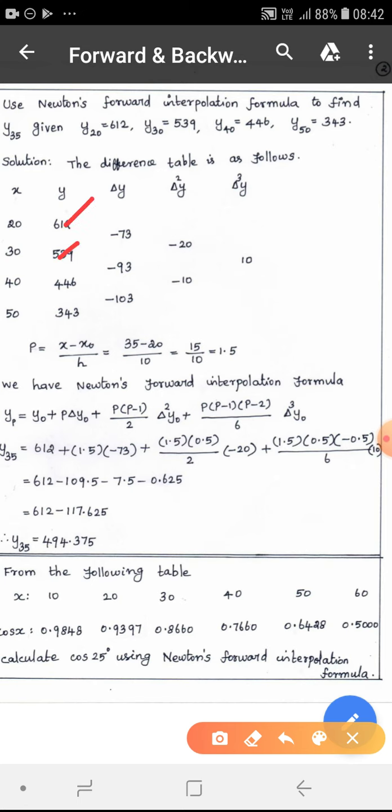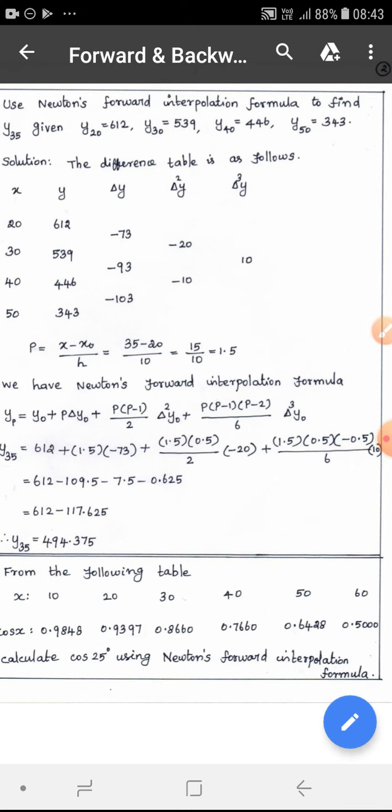So it will be 539 minus 612, which is minus 73. Then 446 minus 539, which is minus 93. Succeeding value minus preceding value, 343 minus 446, which is minus 103. These are the values of first order difference.